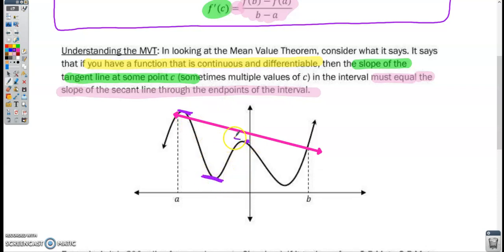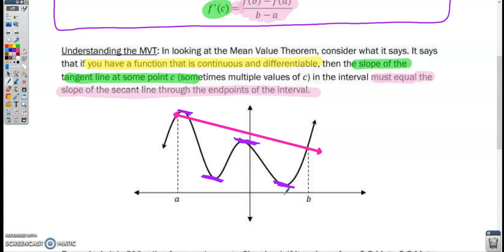And right about here is another one. Right about here is another one. And so for this particular graph that I've drawn, there are actually 4 different possible values of c, where the derivative of the function at c is equal to the slope of that secant line through the endpoints, looks like 4 different places in that interval from a to b.